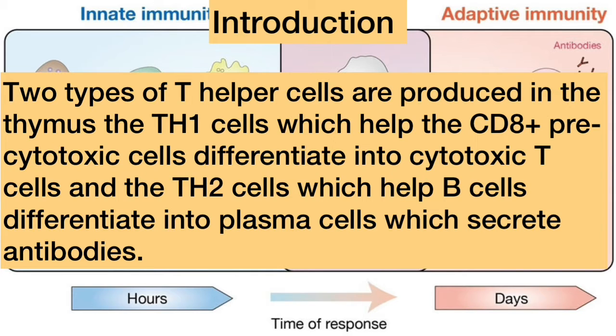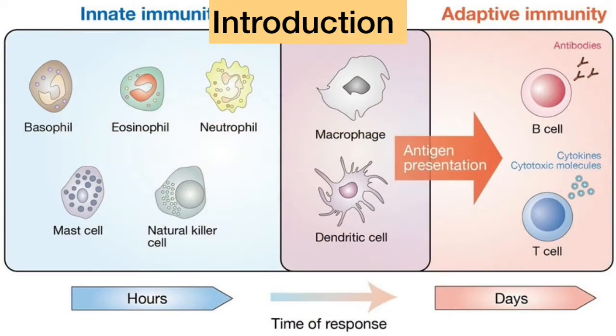These are the T helper 1 cells, which help the CD8 plus pre-cytotoxic cells differentiate into cytotoxic T cells, and the T helper 2 cells, which help B cells differentiate into plasma cells, which secrete antibodies.